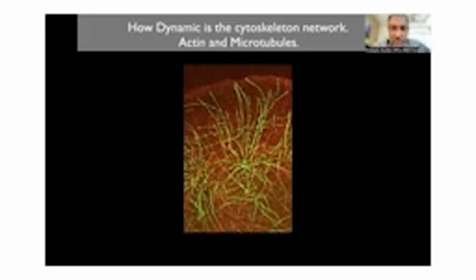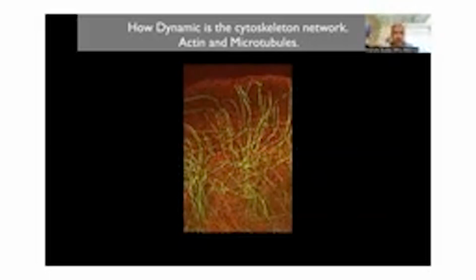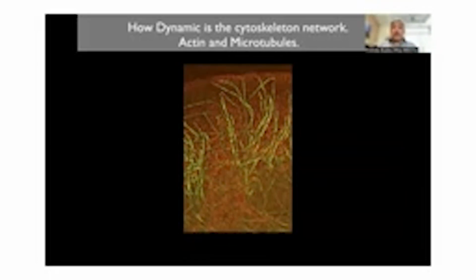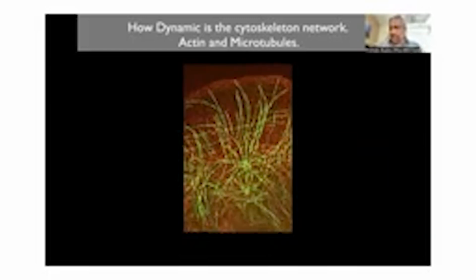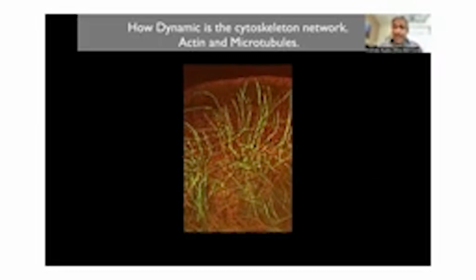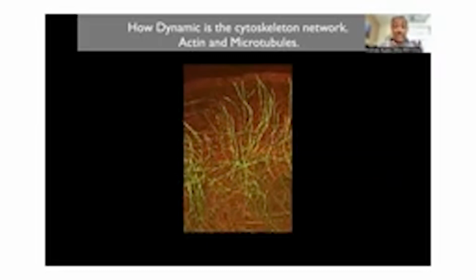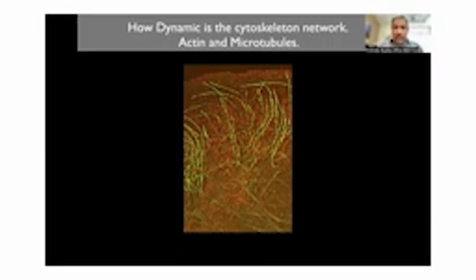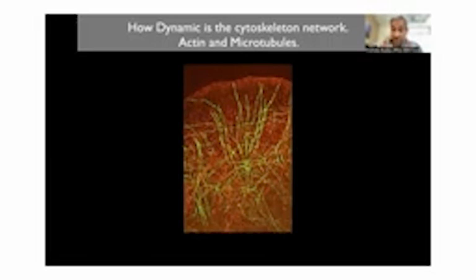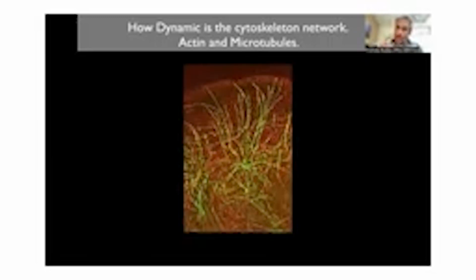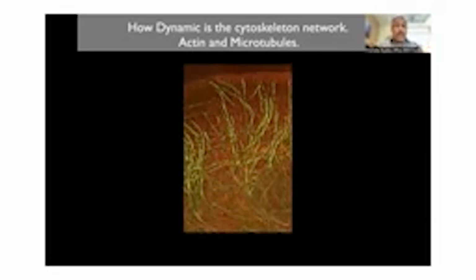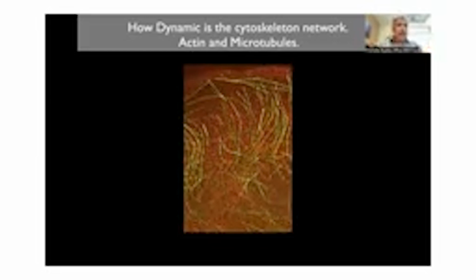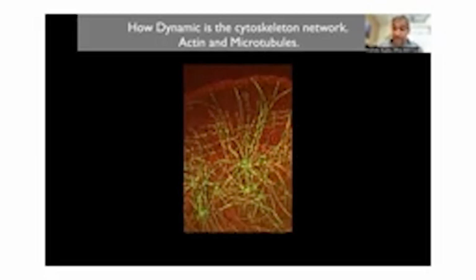We'll pause here with this movie because this is a good point to break before we think further about what actin and microtubules do. And as I said, this distinction in their properties, and the way they are assembled or put together, is both interesting and important for the cell, right?